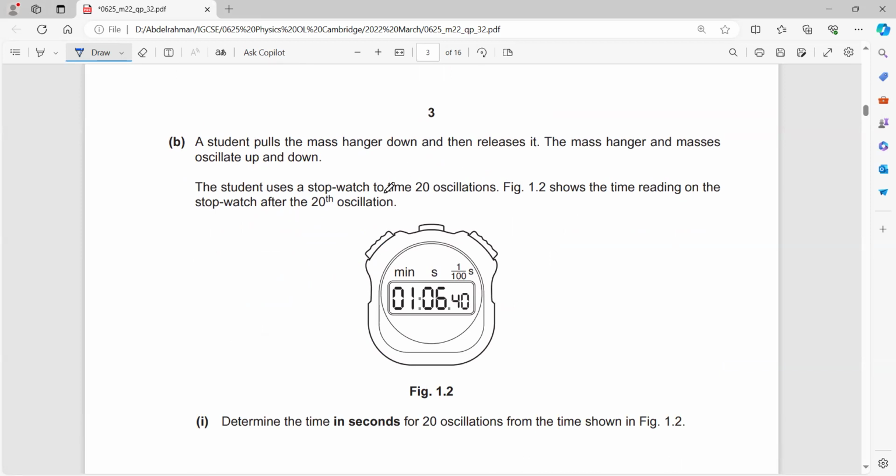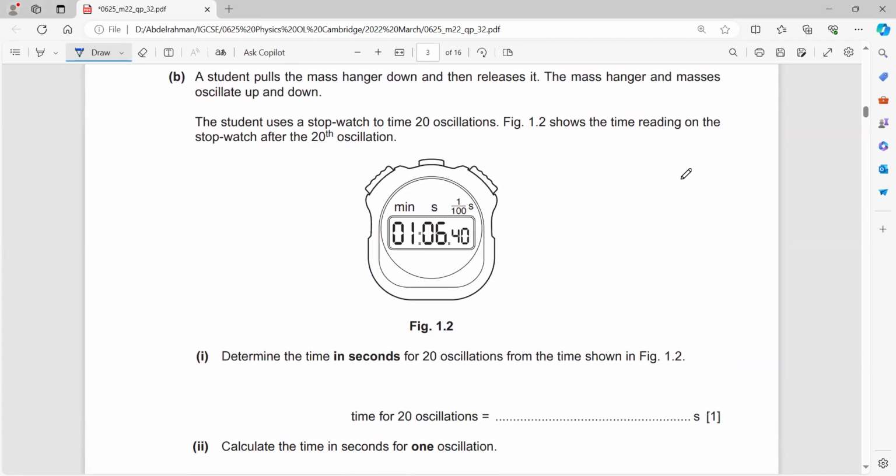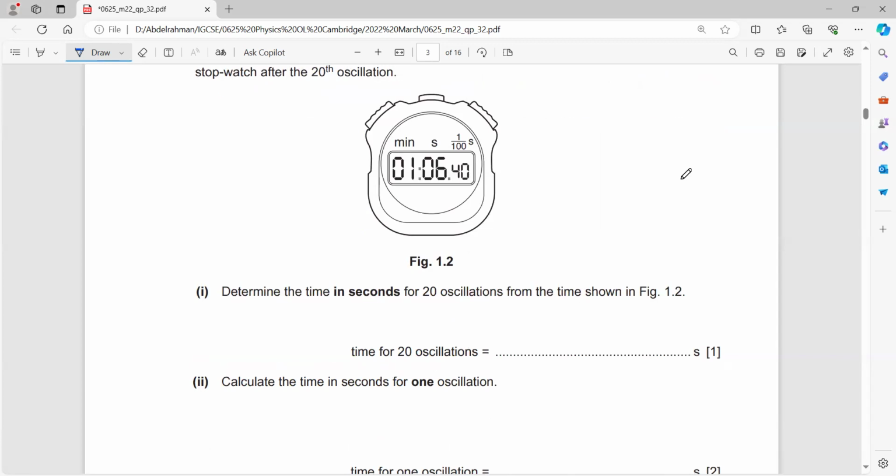The student uses a stopwatch to time 20 oscillations. Figure 1.2 shows the time reading on the stopwatch after the 20th oscillation. Determine the time in seconds for the 20 oscillations. 1 times 60 would be 60 plus 6.4, which is 66.4 seconds.